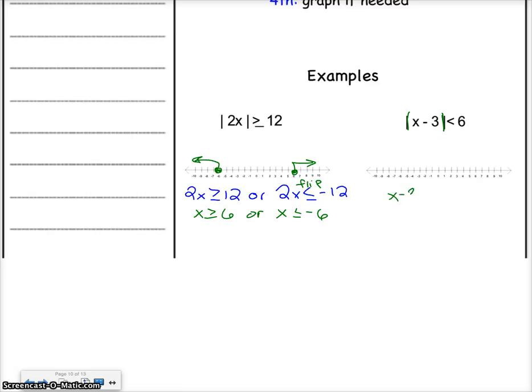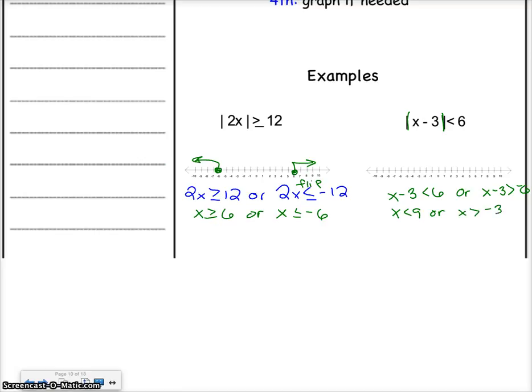X minus 3 is less than 6, or now I'm going to flip because I'm making it negative: x minus 3 is bigger than negative 6. Now I solve both cases. X is less than 9, or x is bigger than negative 3.